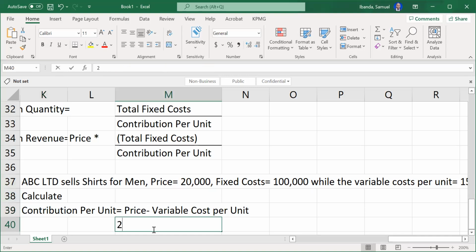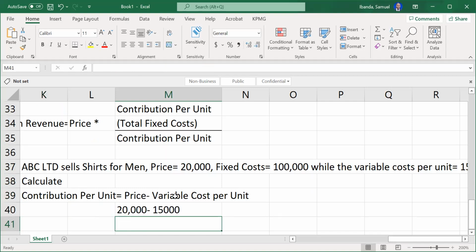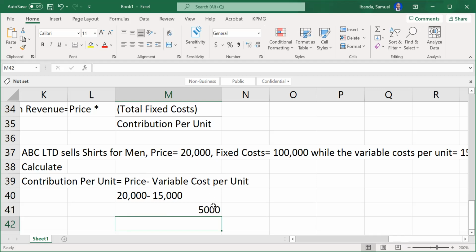So in this case, it will be 20,000, which is the price, less 15,000. So the contribution per shirt is actually 5,000.